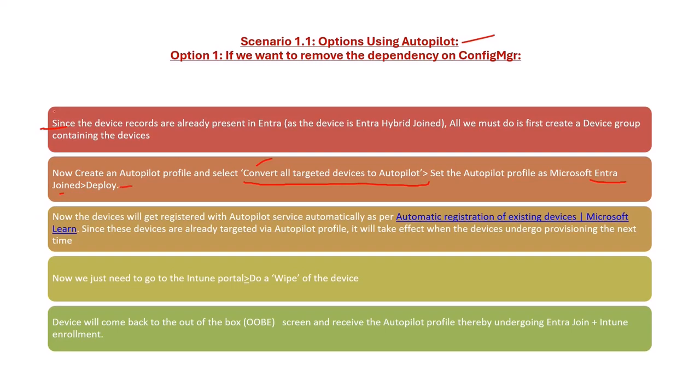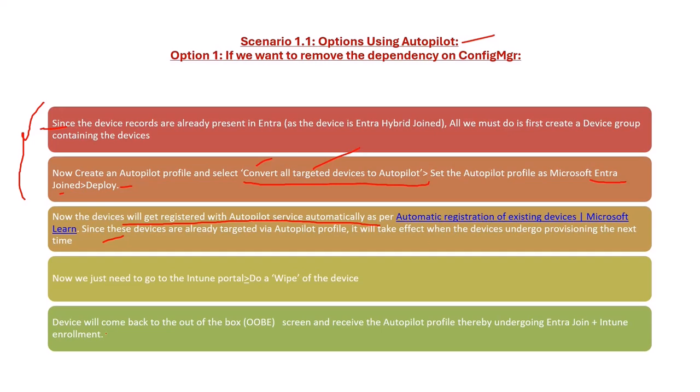When this Autopilot profile is deployed, there was this setting, right? This setting is going to automatically register all the devices in that group with the Autopilot service. And since these devices are registered with the Autopilot service, they will undergo Autopilot provisioning the next time the device undergoes a reset.